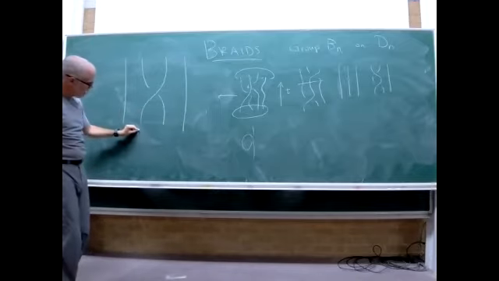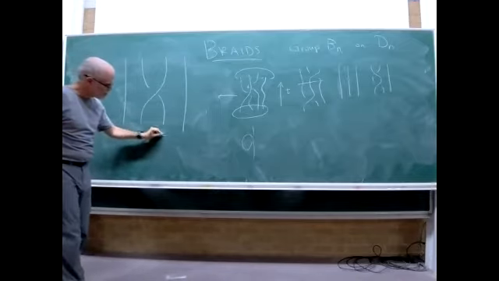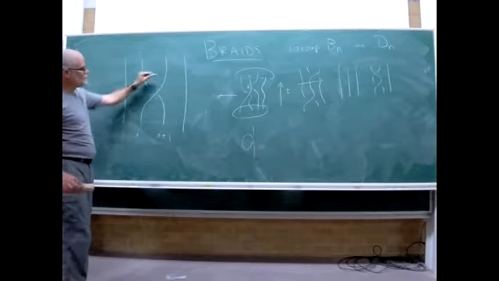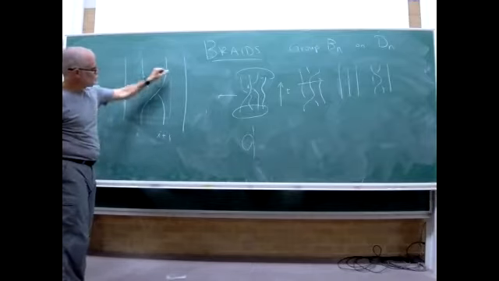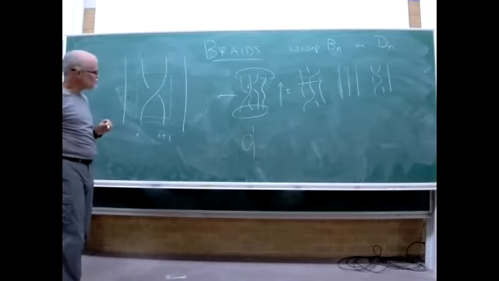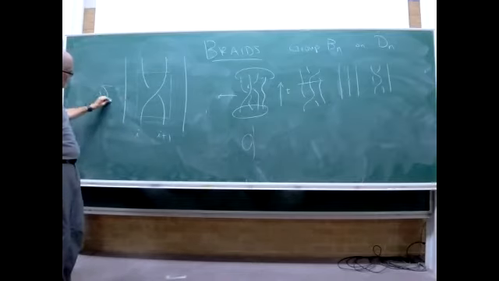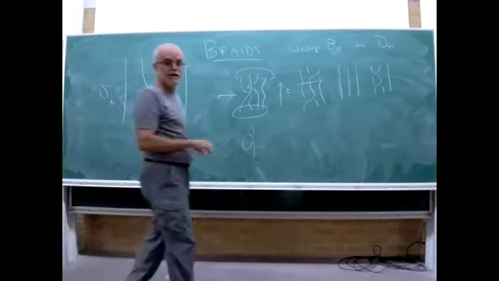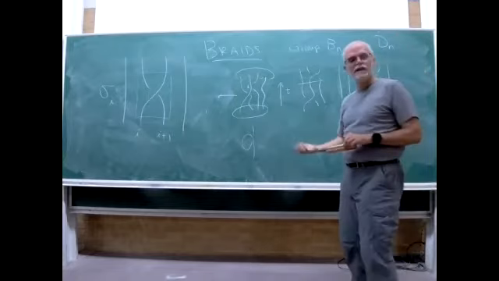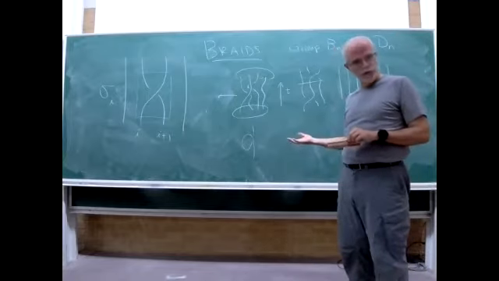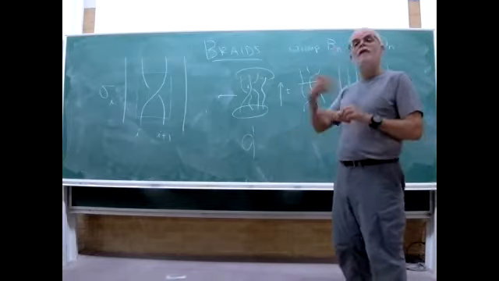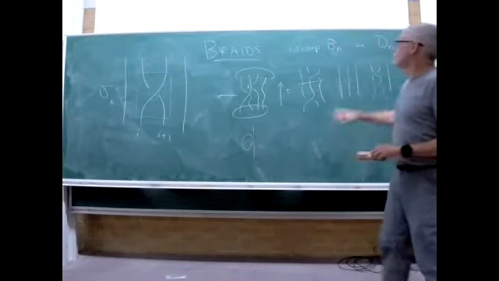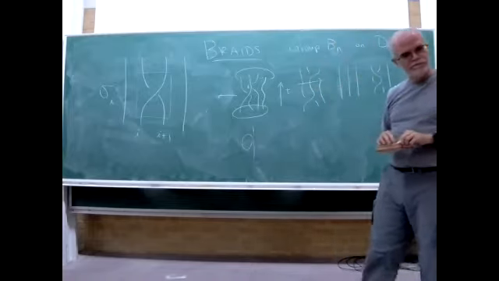If this is string i, and this is string i plus 1, then this elementary exchange of two strings, I call sigma i. So sigma i is the exchange of the i string with the i plus 1 string. And so clearly i can run from 1 to n minus 1. So there are n minus 1 generators for the braid group Bn.